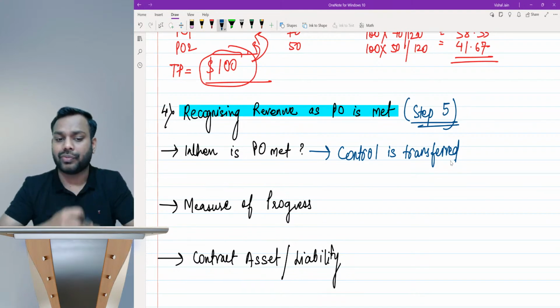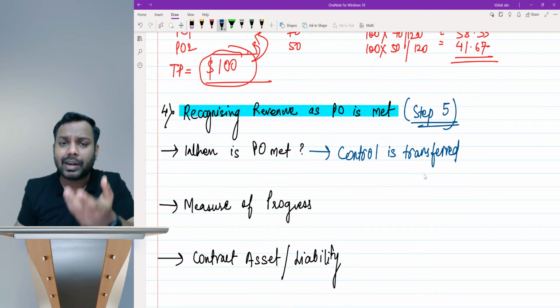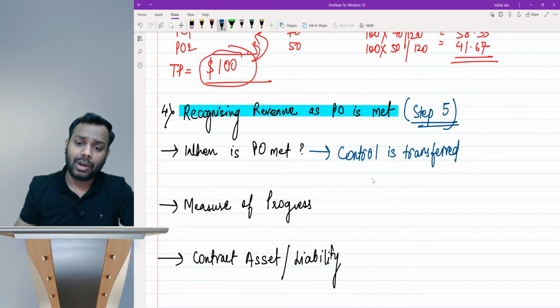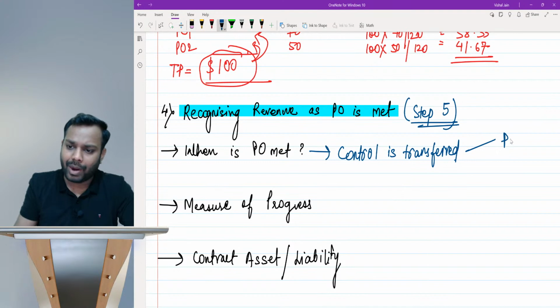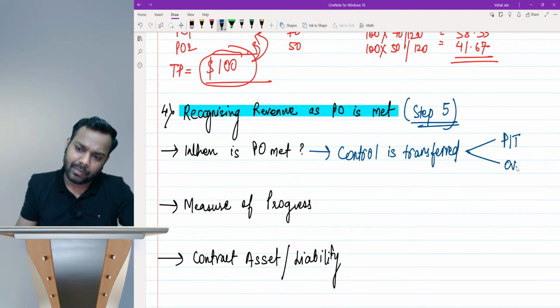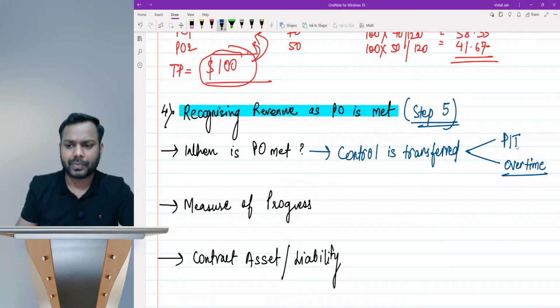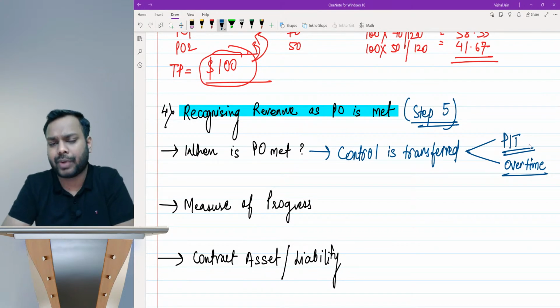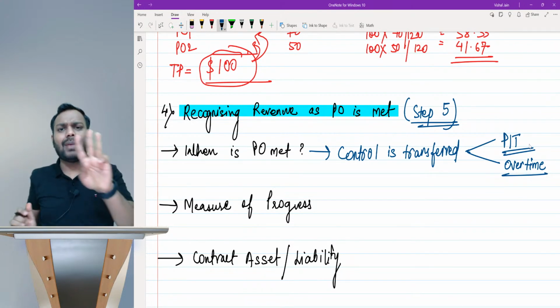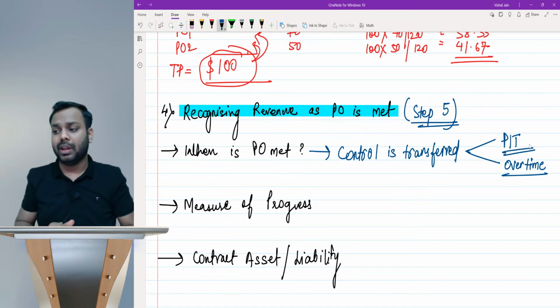Now, when is control deemed to be transferred? The standard says control is transferred at a point in time or over a period of time. Our standard and our BPP material also prescribe 3 conditions for that.